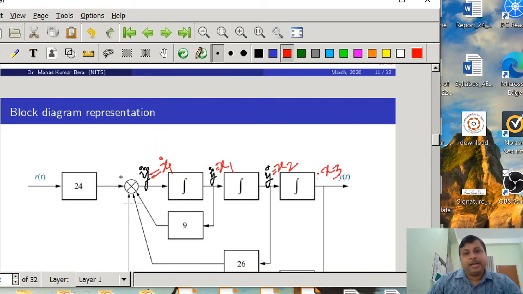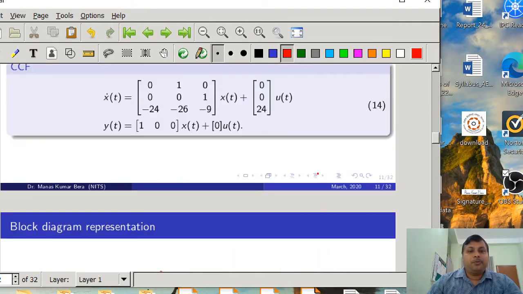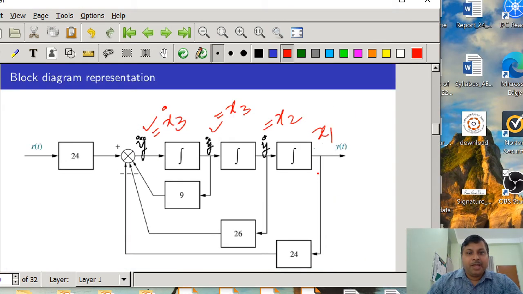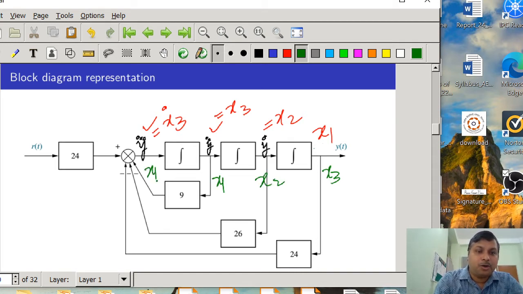But before that, another important thing we want to tell you: here we have assumed that the outputs of the integrators are x1, x2, x3. If somebody goes in the reverse way, suppose somebody assumes that this is x3 and this is x2 and this is x1 and this is x1 dot, then what will be the system representation?